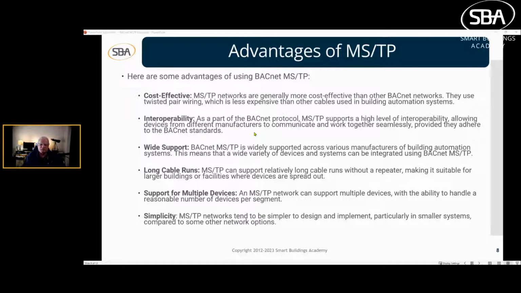MSTP is a very simple network, and it's simpler to design and implement, particularly in smaller systems compared to other network options. Now, the thing about MSTP is you can have several buildings, and each building can have MSTP in it. And let's say you want to add a wing to one of the buildings, you can put a router in and expand that network on out.